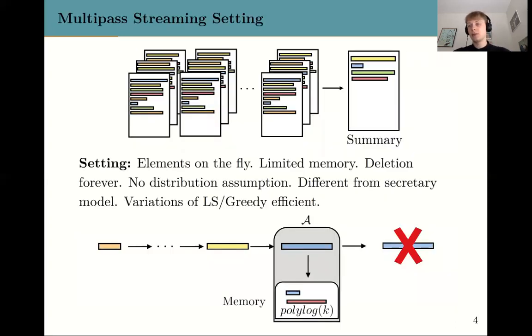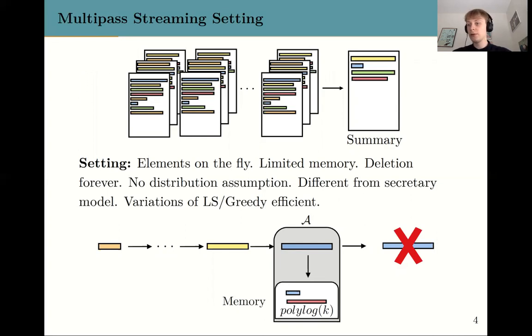What is the setting that we're considering? Since I want an algorithm that doesn't require access to the entire ground set, we're considering the streaming setting where information arrives on the fly. In this example, it can be the documents that you're reading.